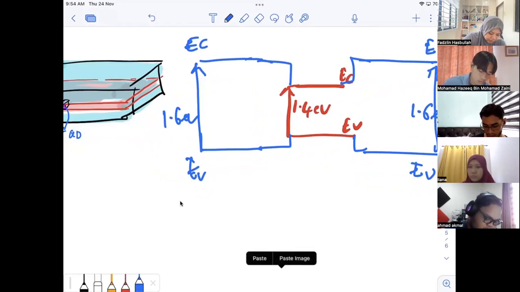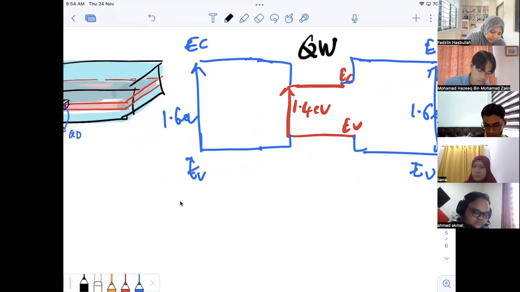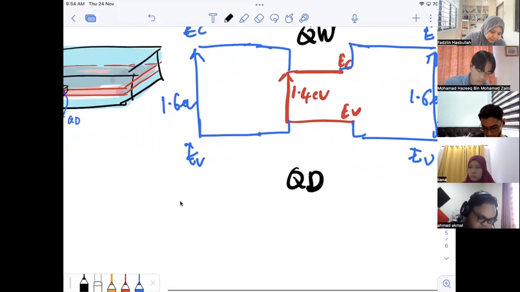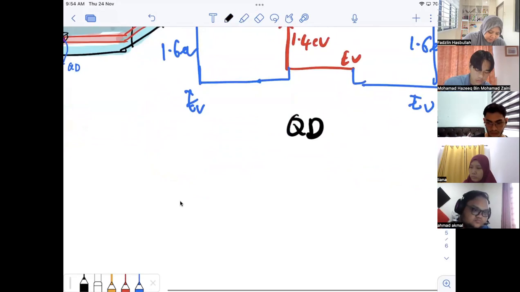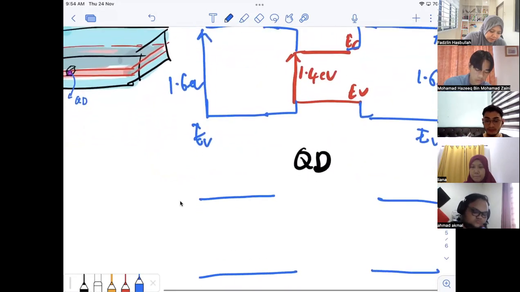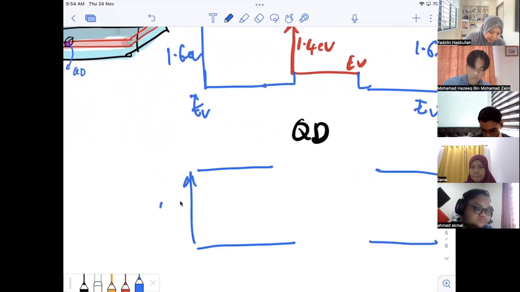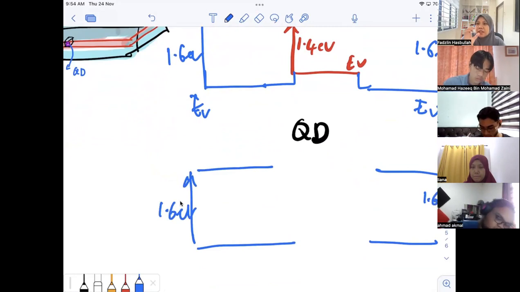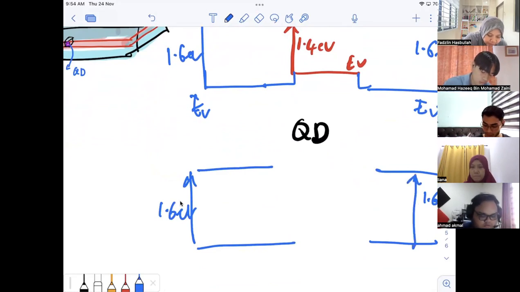So quantum dot dia akan jadi sama juga sebab we are still using the same AlGaAs 1.6 EV. But the material sama, cuma thickness yang kita. So bila we say quantum dot quantum well, we play with the thickness, walaupun material dia sama.